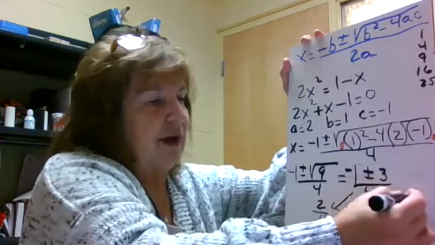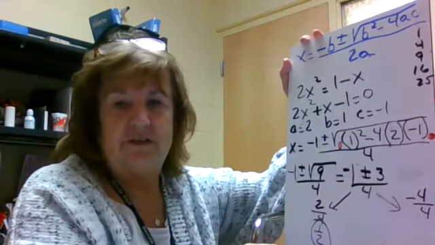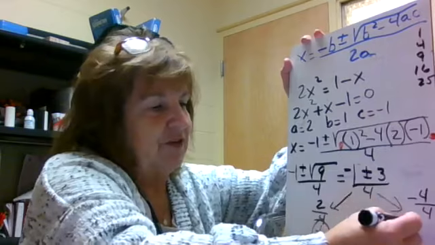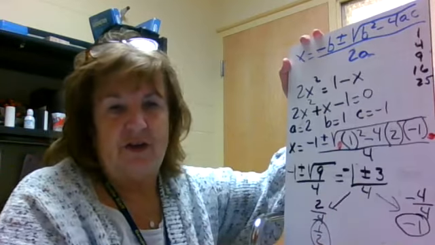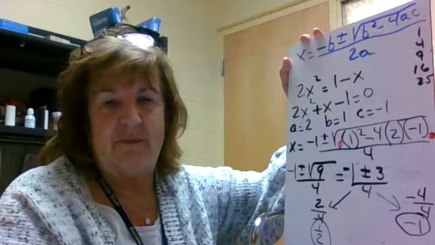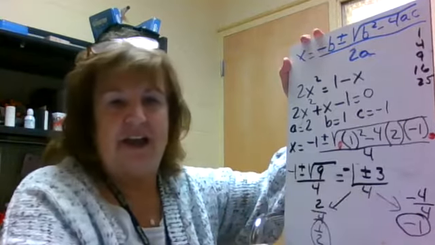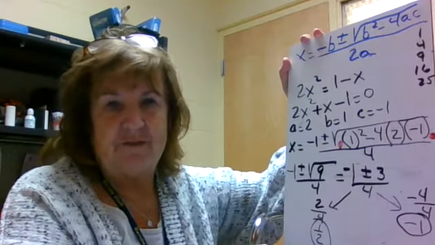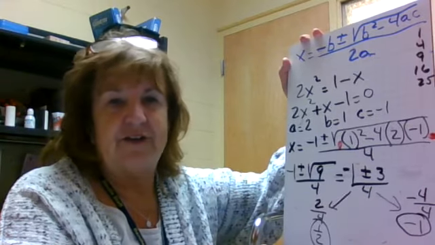Well, negative 1 minus 3 is negative 4 over 4. And that reduces to negative 1. That is your other answer. So you would find the problem that gives you positive 1/2, negative 1 as your solution, as your roots. And that's the answer to question number 9.